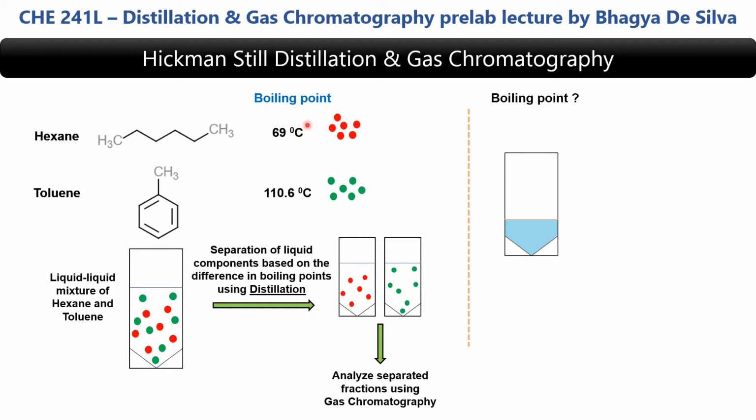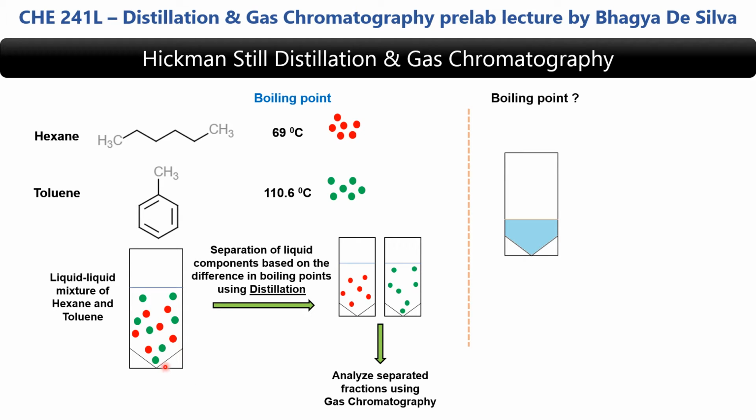The boiling point of hexane is 69 degrees Celsius and the boiling point of toluene is 110.6 degrees Celsius. And I'm going to use red color to indicate hexane and green to indicate toluene, so it's easier to visualize what is happening during these techniques.